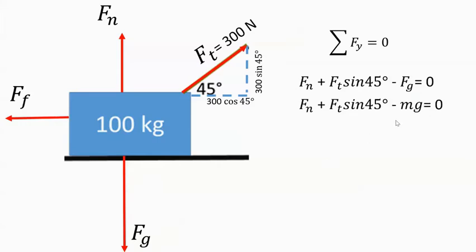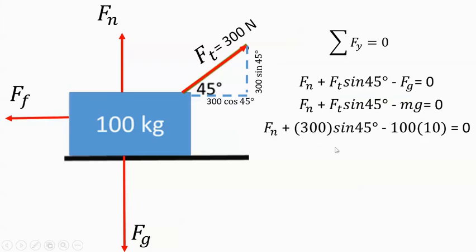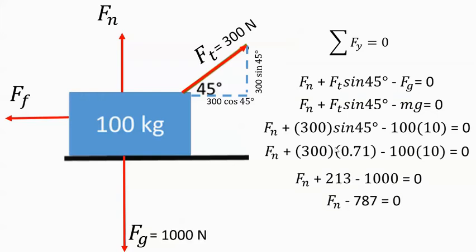Gravity can be changed into its formula, which is mass times little g, and little g is about 10. The mass of the box is 100, and then Ft is 300. So if you do all that math, what you get is that the normal force minus 787 is equal to 0.